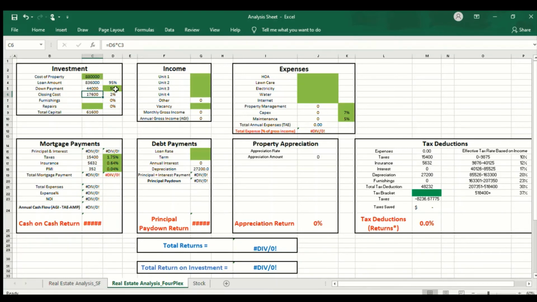And then I'm going to put in the same numbers here: 5% down payments, 2% closing costs. For income, now I have 4 units. Remember, for the single-family home, we were able to charge a rent of $725 for each bedroom, so for all 3 bedrooms, that would have been $2,150.